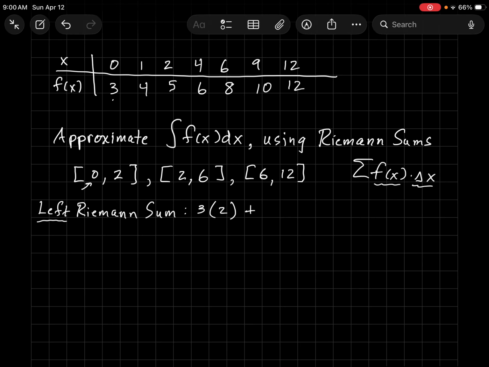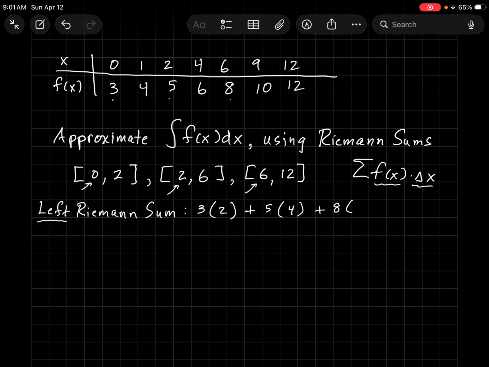How about the next subinterval? We use the x on the left side, that is x equals 2, to find the height, which is 5. That is the function value. Now times not x, but delta x, so times 4. On the last subinterval, we once again use the x on the left side to find the function value or height, which is 8.